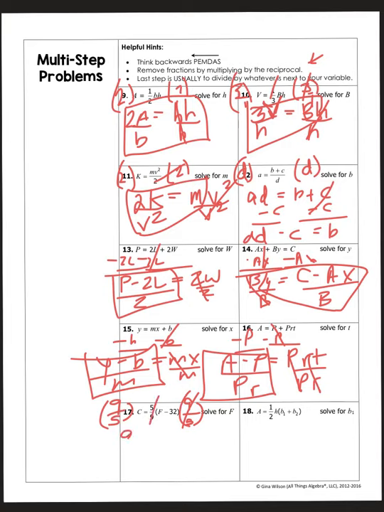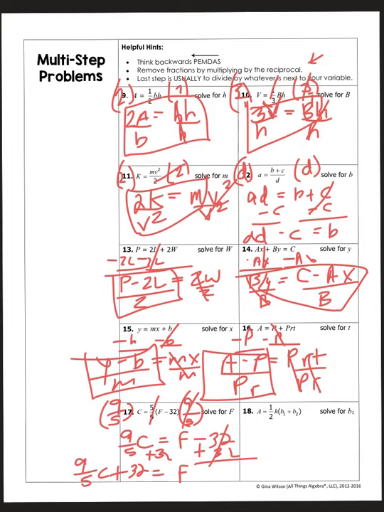And I get 9/5 C equals F minus 32. And then I need to add 32 to both sides. Okay. So I get F equals 9/5 C plus 32. Yay.